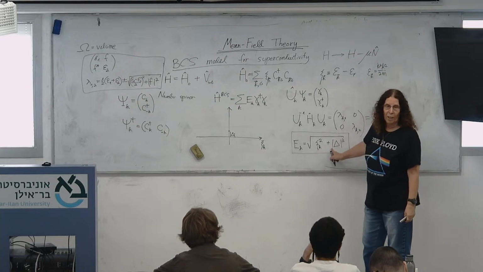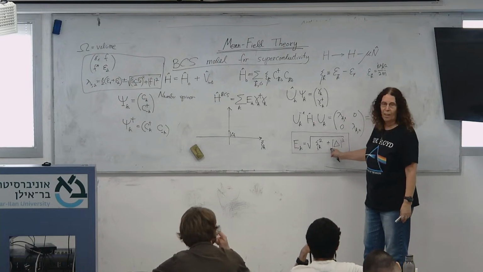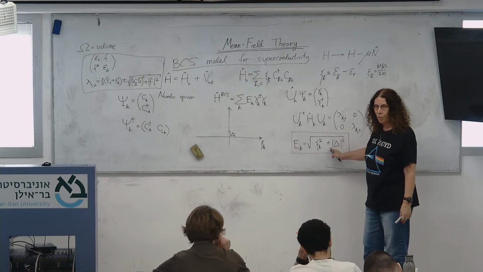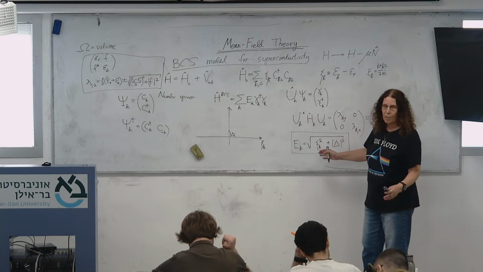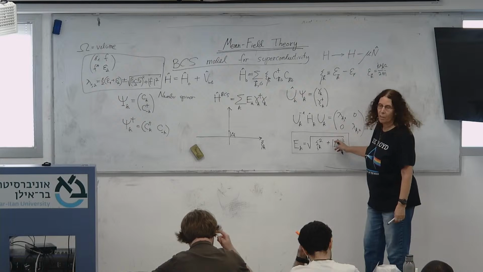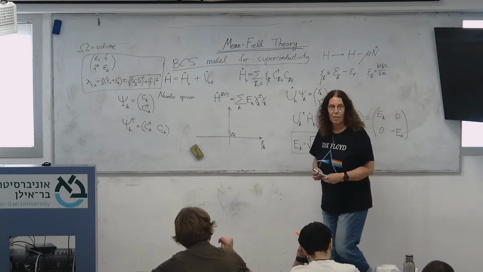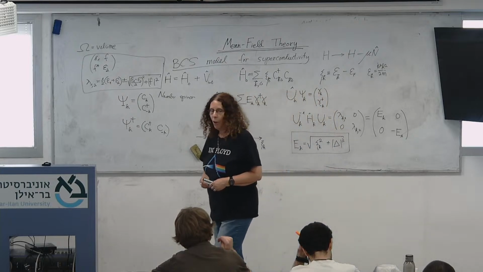So that's already an interesting result, because we don't exactly know what this delta represents, but we know that the energy of the state doesn't depend on the phase, only on the magnitude. What does it mean? That there is a lot of degeneracy.